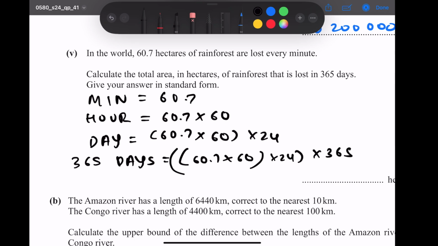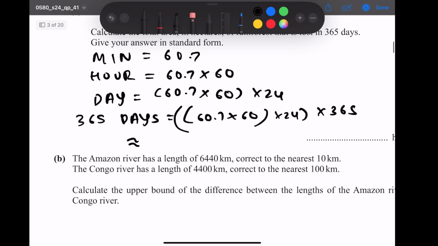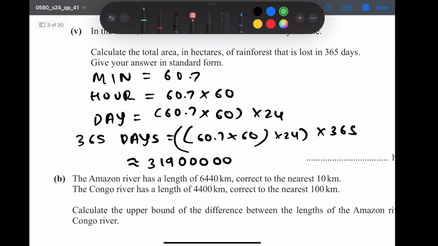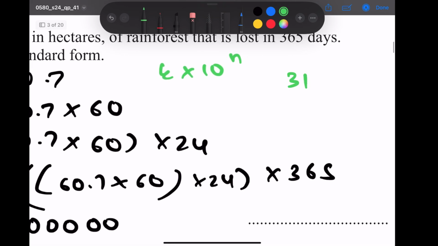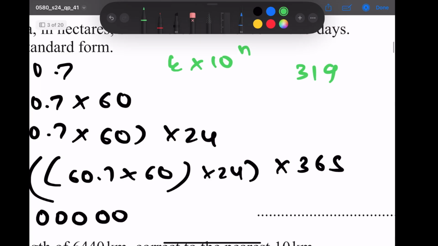So this would be rounded to approximately 319,000,000. But the question asked you to give your answer in standard form, which means k times 10 to the power of n. So we take the first few significant figures, 3, 1 and 9. Now to convert this to standard form, we put a decimal place between 3 and the 1.